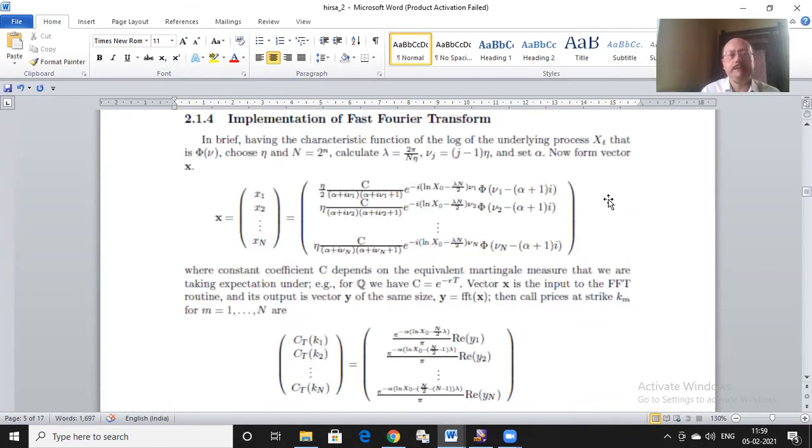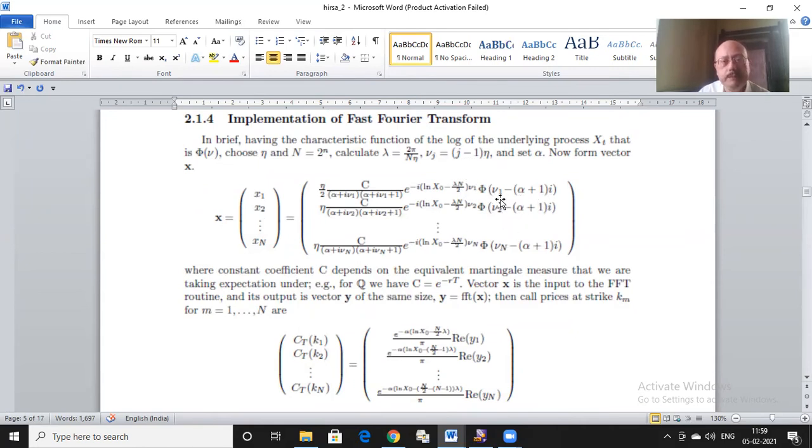Now let us form this vector x. This vector x is x1 to x capital N. How is it defined? x1 is eta by 2, this expression here that we have seen before from our characteristic function. Then this is the first term in the K grid, log x naught minus lambda N by 2 in the strike grid, times mu1, so mu1 will be 0.